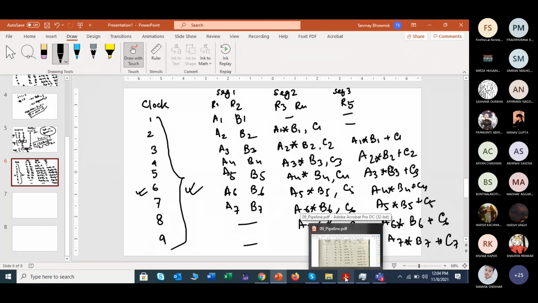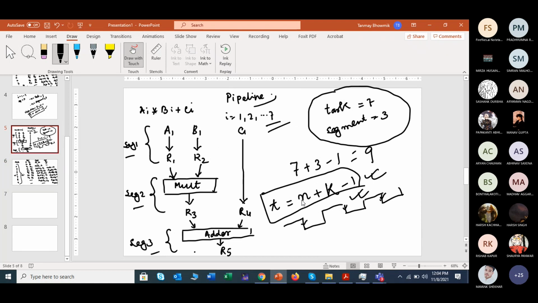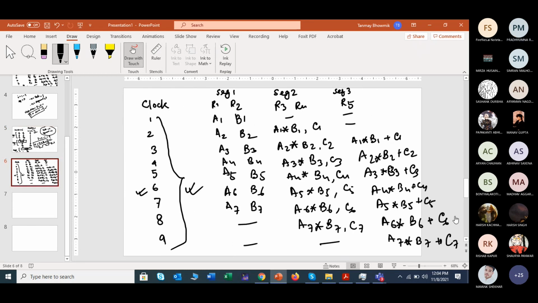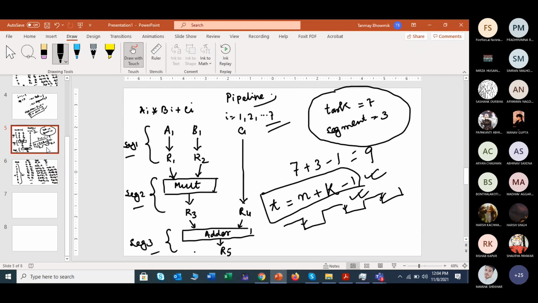Okay, when I was discussing this part, how much did you see, was this calculation of time period visible? Yes, sir. So we were discussing this calculation of total clock pulses when your segment number and task number have been provided, right?